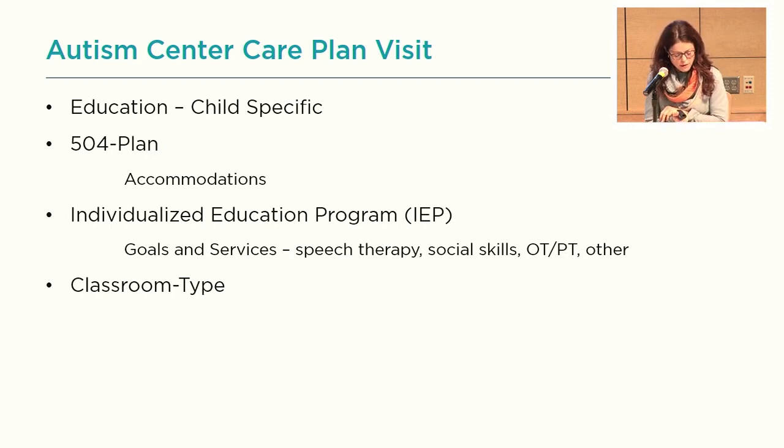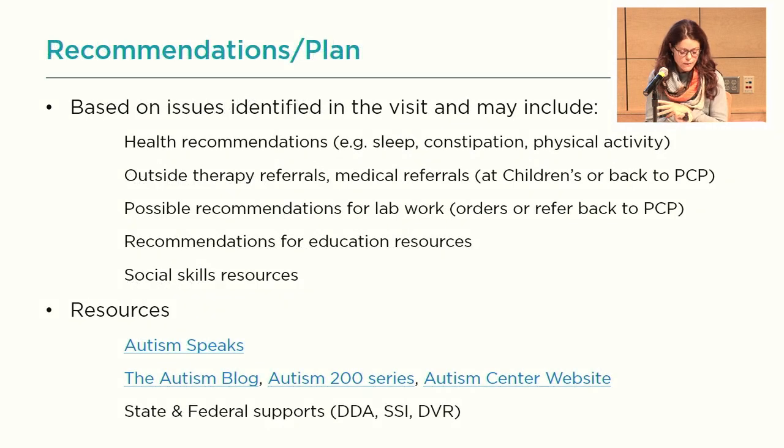So the recommendations that we might come up with are health recommendations. So Dora talked a lot about some of the concerns that we often see and often hear about in kids with autism, whether that's sleep, constipation, or other gastrointestinal issues, physical activity, and we're working with the families and with the kids to make specific recommendations related to that, related to sleep hygiene and whatnot.